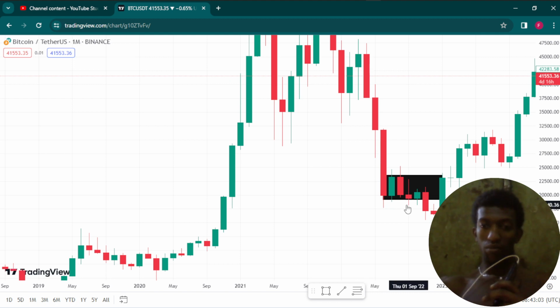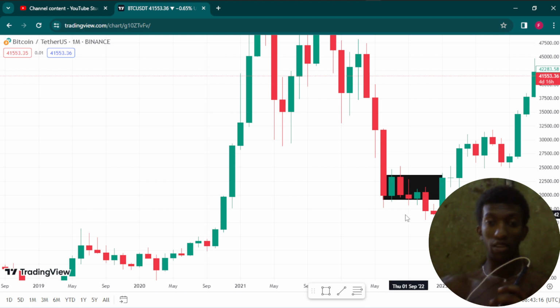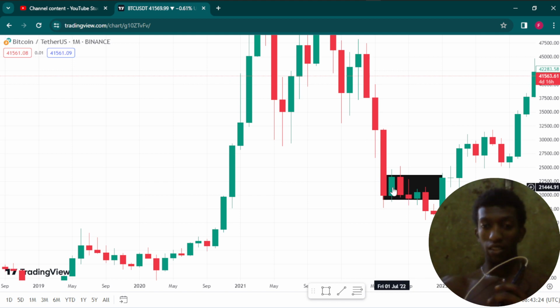If it did break this swing low, then we can't consider this a consolidation. We consider this a trending market, and the breakout already occurred, because it broke the previous low. But in this case it never broke the low. It traded sideways, so that is what we want.